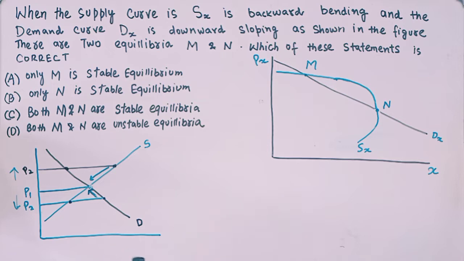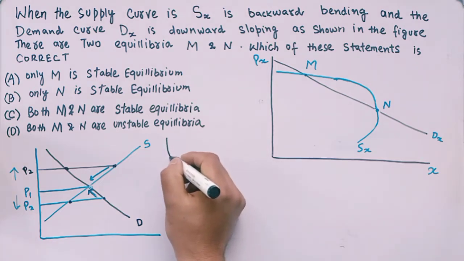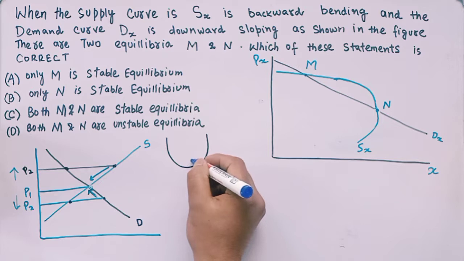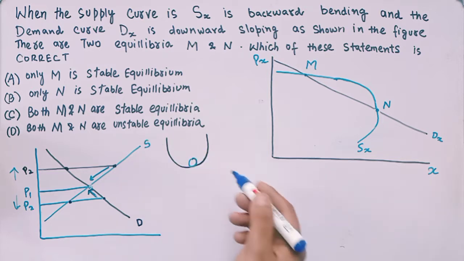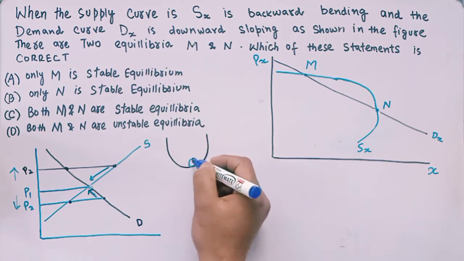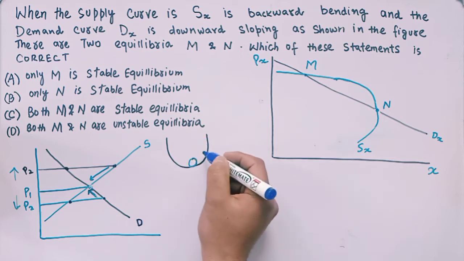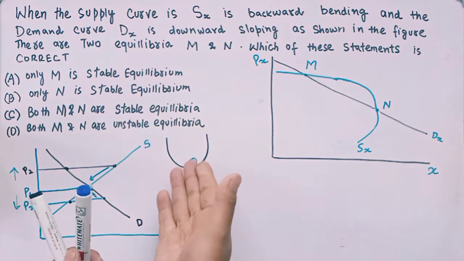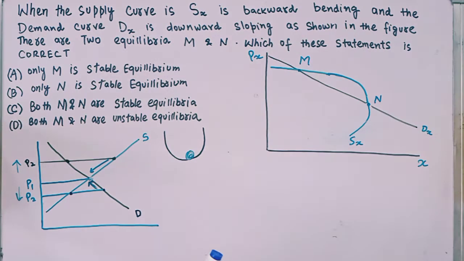You can think of it like a bowl shaped container with a ball put in it. If the ball is disturbed, it will go up and down, but it will come to rest at this point. So we say this is the stable equilibrium.